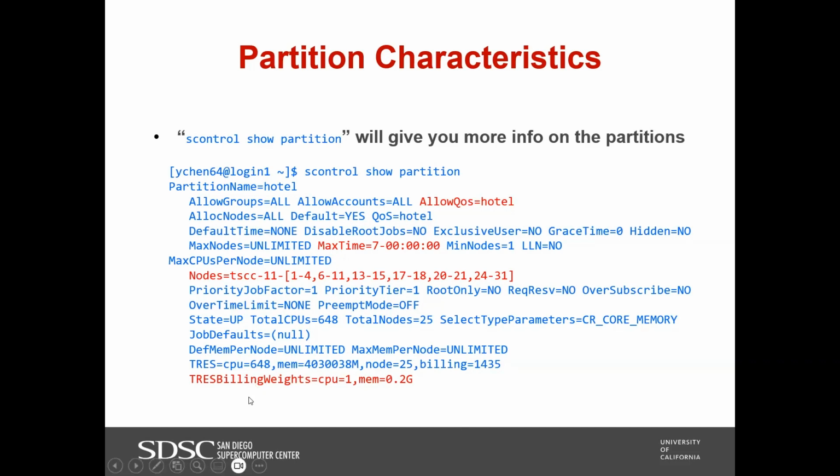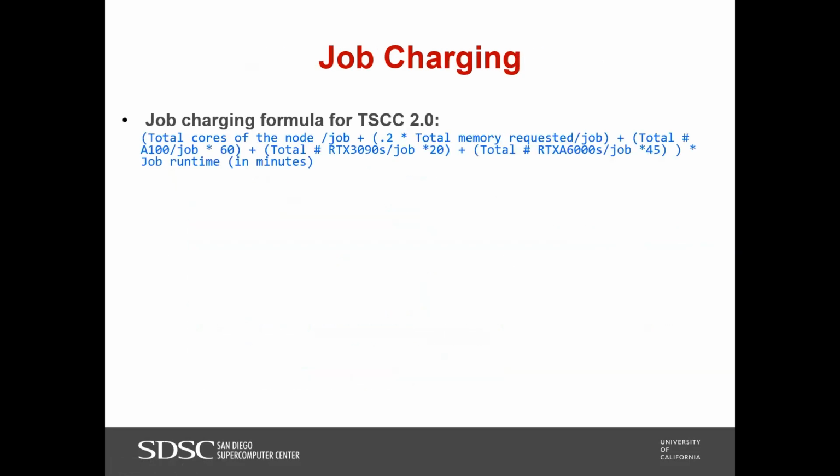Billing weights is something we use to determine how to charge your job submitted to these partitions. We also call it the charge factor. So you see we have the CPU as well as the memory as our charging factor, and that's what I'm going to talk about next, the job charging.